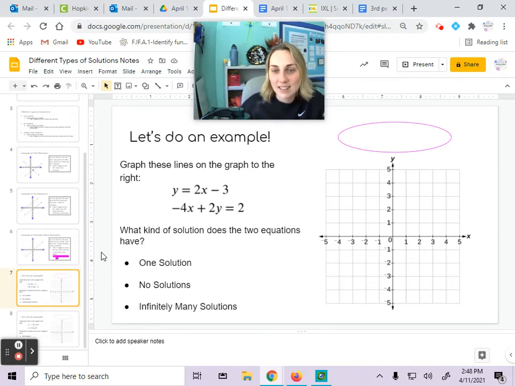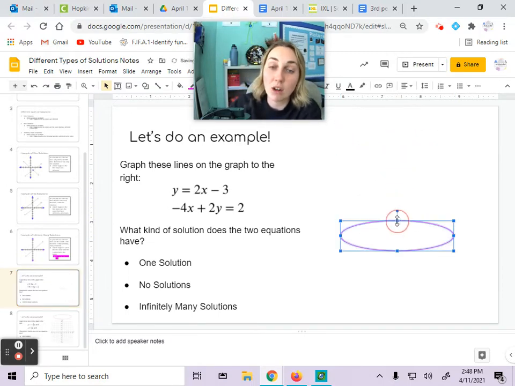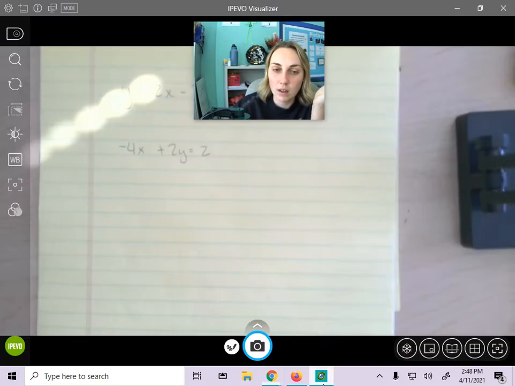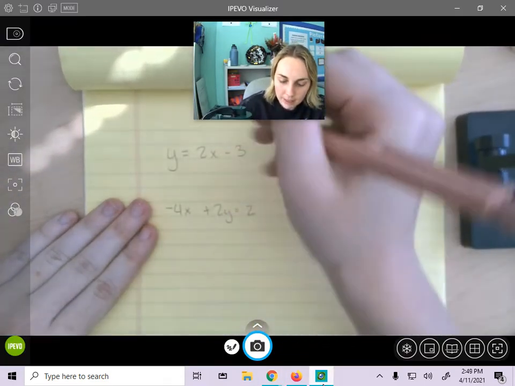All right, so what we're going to do here is I'm going to write down both equations, and I'm going to see if they're going to have one solution, no solutions, or infinitely many solutions. And honestly, I don't actually need this. I can solve these by observation. So this one right here is already in y equals mx plus b form.